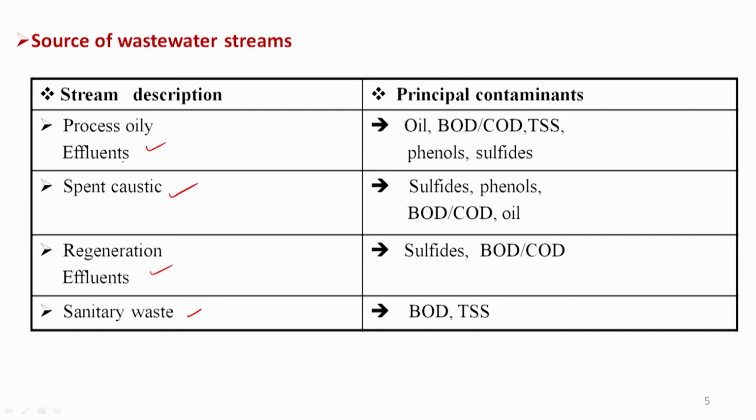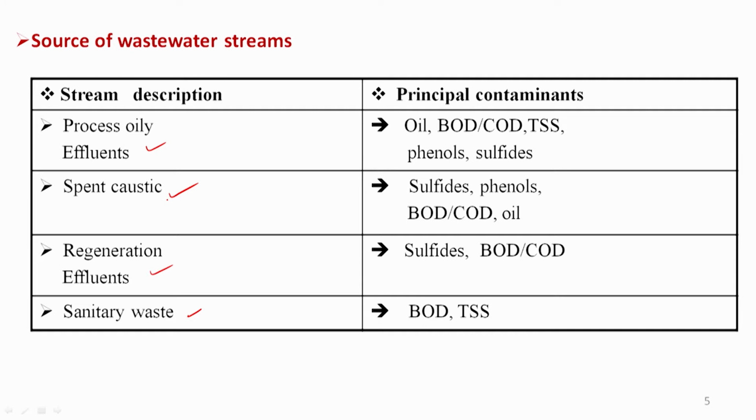So, what are process oily effluents? For different processes we may use some water, and that wastewater, which contains oil, is generated. Spent caustic is basically produced in the sweetening process, the Merox process, and where scrubbing of the gases is done with the use of alkali.